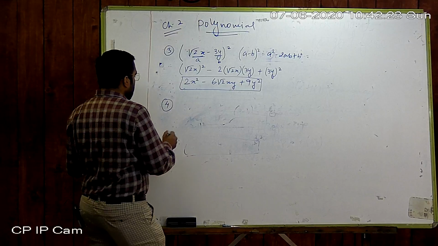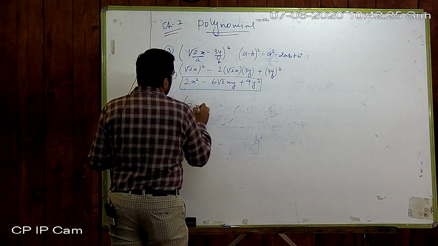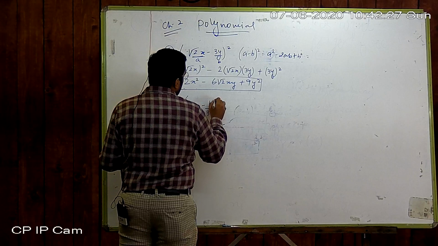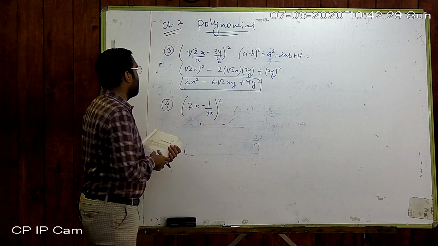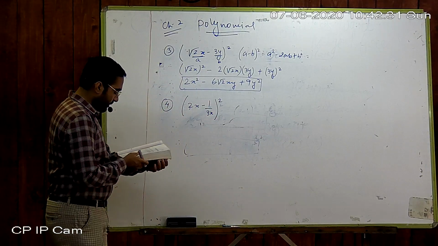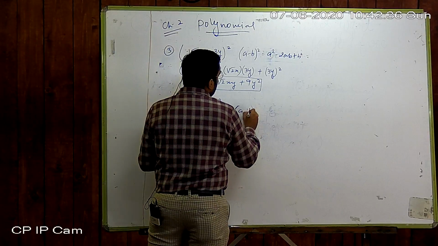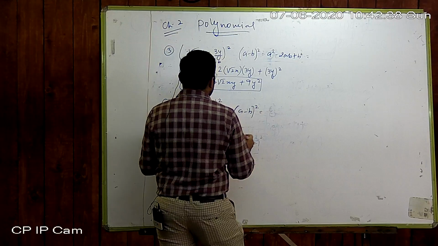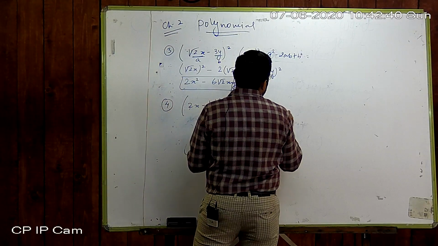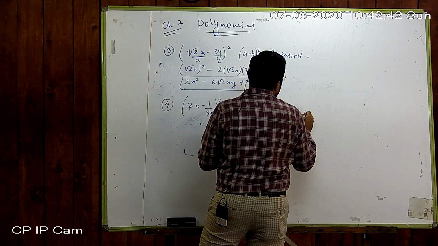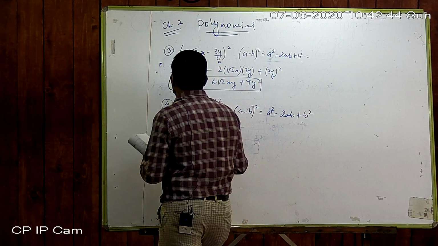Fourth one is (2x minus 1 upon 3x) whole square. Another kind of the (a minus b) whole square example. So we can use (a minus b) whole square, so a square minus 2ab plus b square.